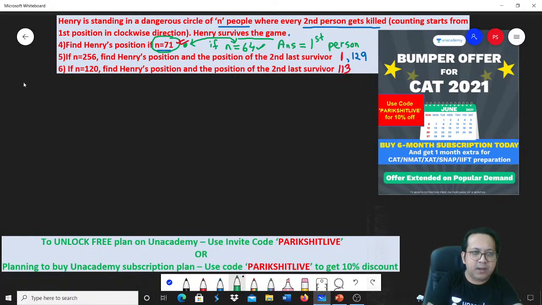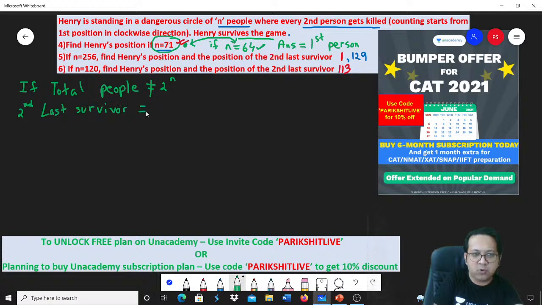If total people are not in the format of 2 to the power n, then the second last survivor is given by 2k plus 1, where total people is equal to 2 to the power n plus 2 to the power n minus 1 plus k.